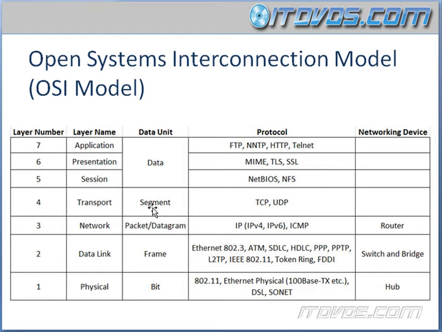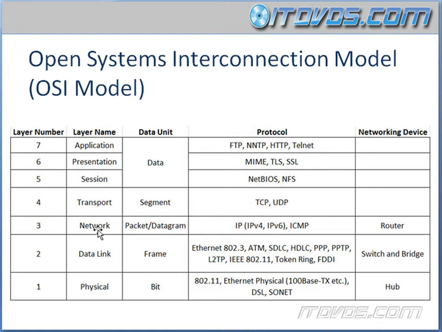The transport layer actually segments the data into data streams as it goes down the OSI model, and then when it goes up the OSI model, it actually reassembles those segments to hand them to the session layer. This layer can also establish a logical connection between the sending host and the destination host. And we're going to talk about how that works much more when we talk about TCP.